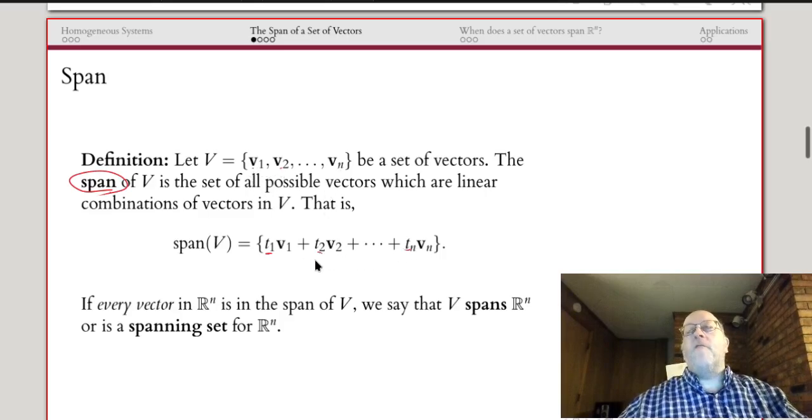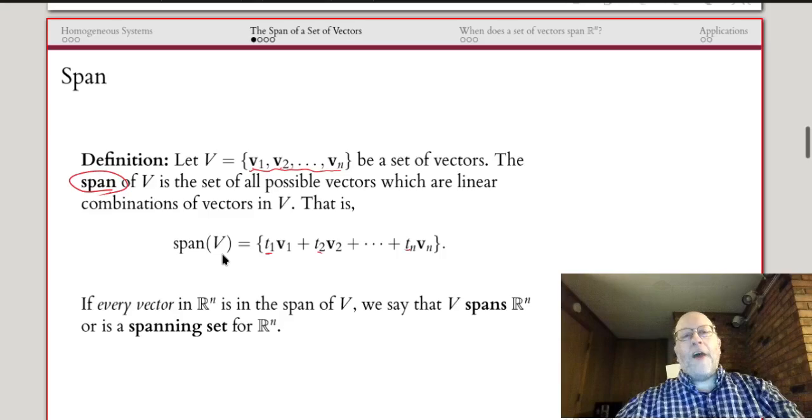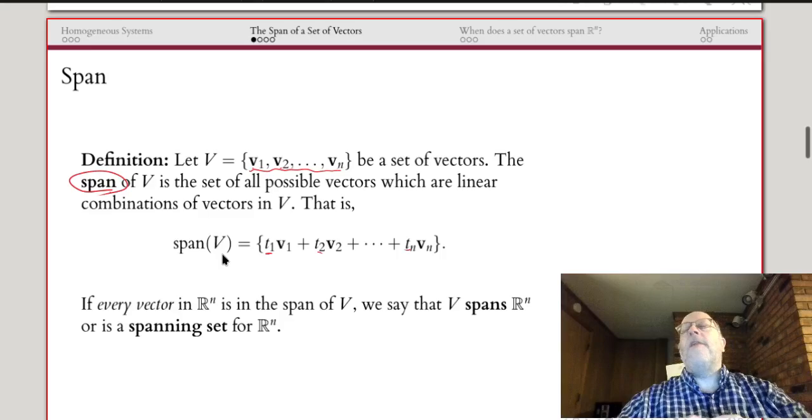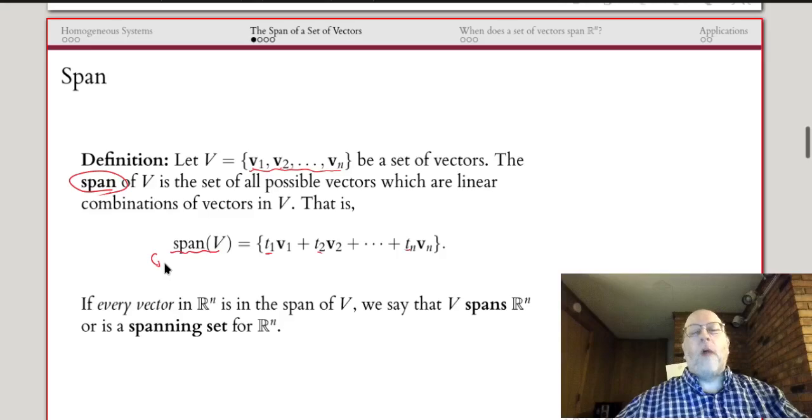And the weights might be 0 because we might not be using all of the vectors. That's okay. Any vector that we can build using these starting blocks is a linear combination, but the set of all of the vectors that are linear combinations is called a span. So this is a very large set, probably infinite.